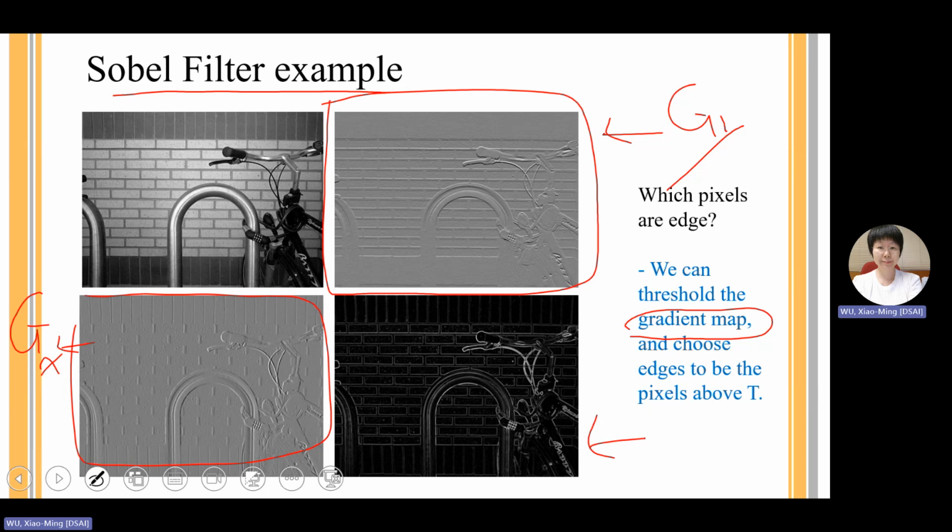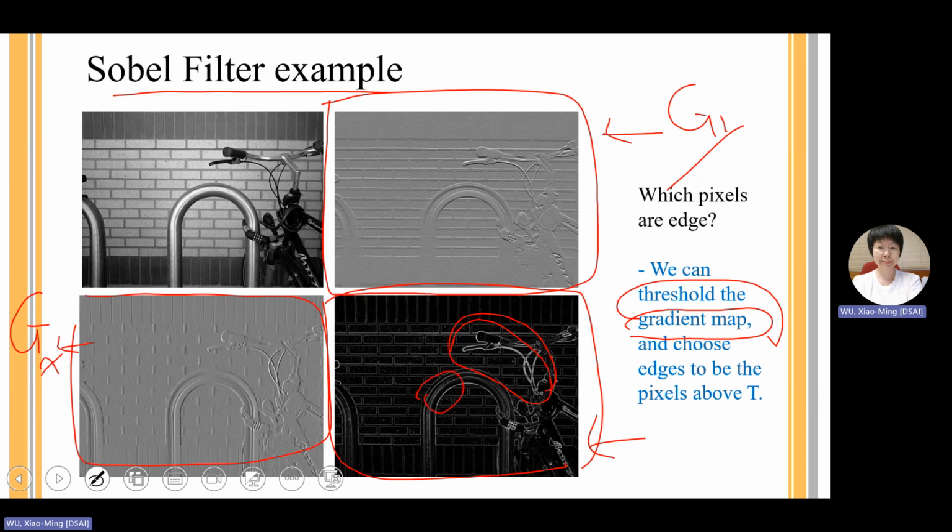Okay. How do we obtain the edges? Once we have this gradient map, what should we do? We should threshold the gradient map. You see the pixels, they have higher gradient values, higher gradient magnitudes.